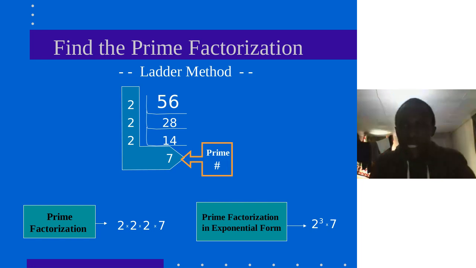Here is an example of 56. 56 is a composite number because it has more than 2 factors. So let's start with step 1. We identify the smallest number that can divide 56 without a remainder. So our smallest number is 2. 56 divided by 2, class, is 28.